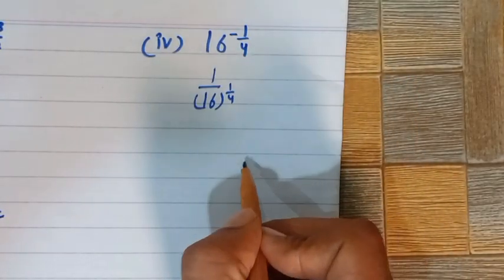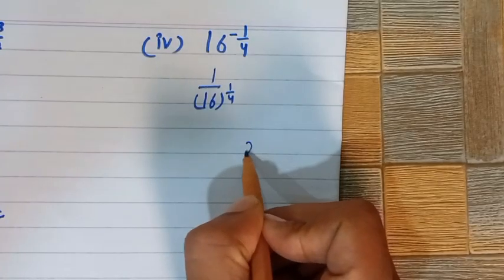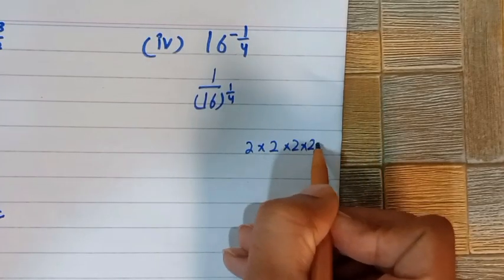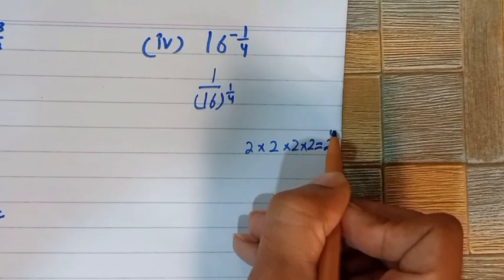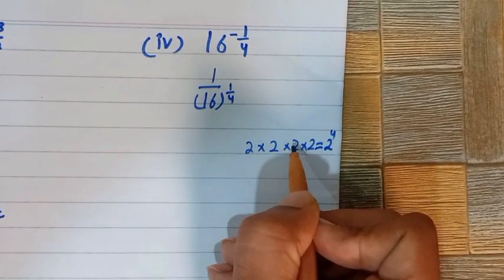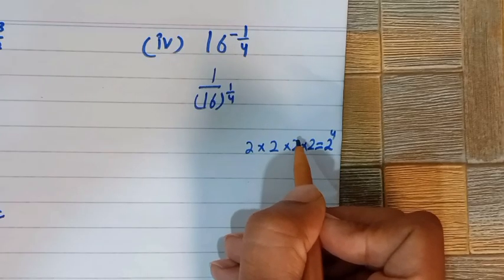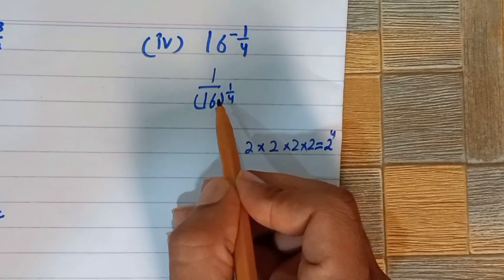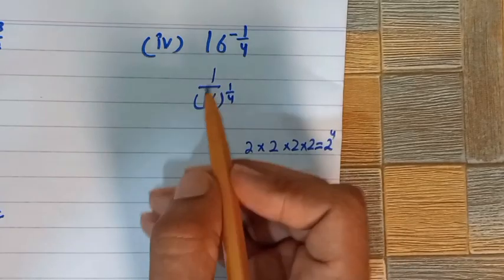For example, 2 multiply 2 multiply 2 multiply 2 is equal to 2 power 4. 2 multiply 2 is 4, 4 multiply 2 is 8, 8 multiply 2 is 16. Here it is proved that 16 is also a perfect number.